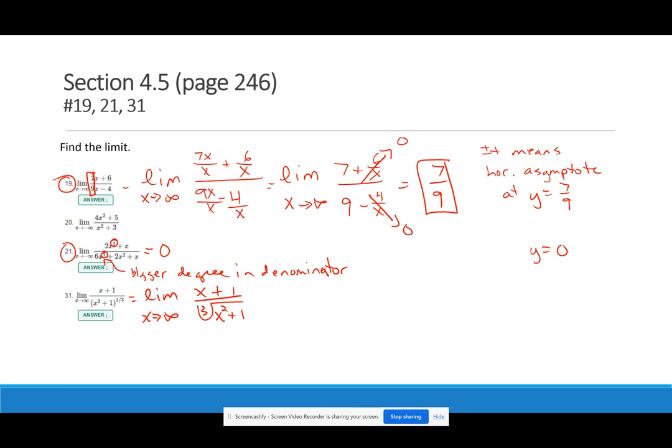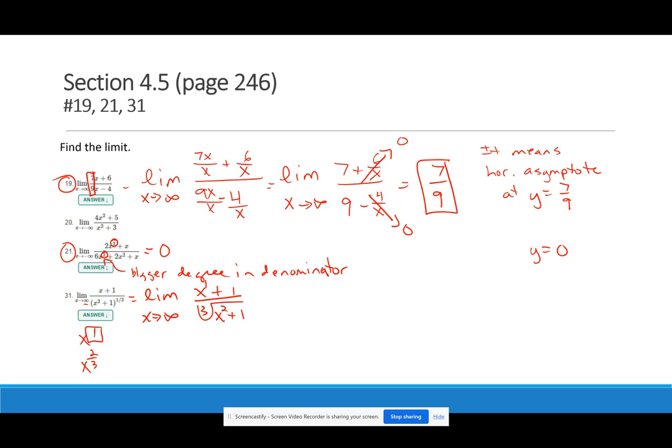On top, the degree is 1. On the bottom, the degree is really 2/3. It's not equivalent to just applying the 1/3 to each, but that does tell you the degree of the expression in the denominator. So see how it's bigger on top? Then this limit is not going to exist. It's going to approach, in this case, positive infinity, since x was approaching infinity there.